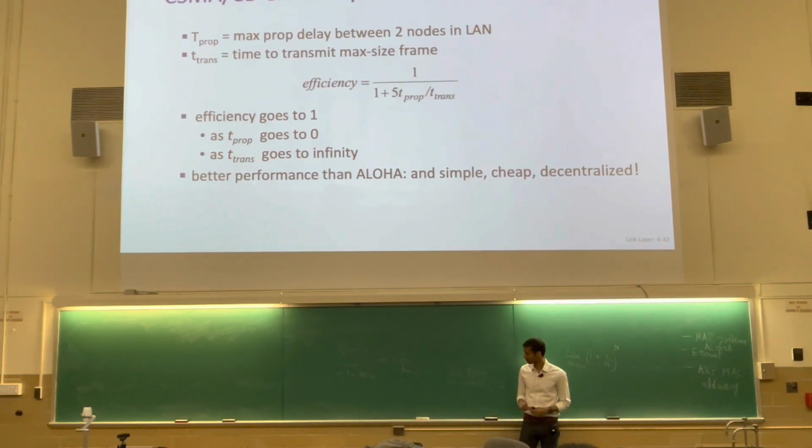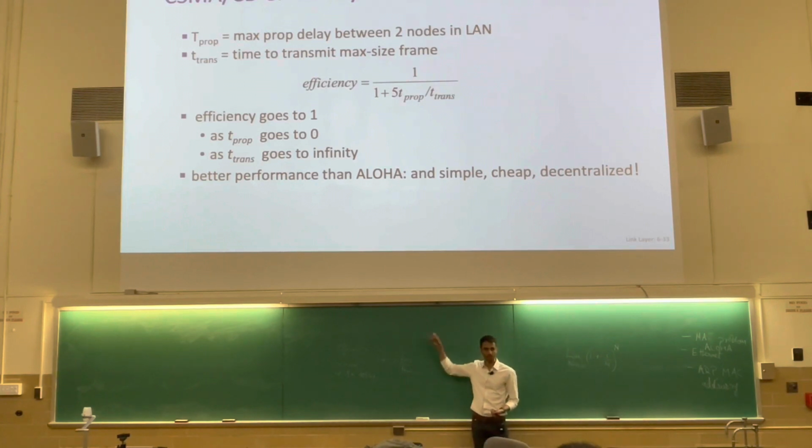That's strange, isn't it? That means efficiency increases if it's a low capacity link. So a 10 Mbps Ethernet is more efficient than a 100 Mbps Ethernet, which is more efficient than a 1 Gbps Ethernet and so on. Why? Because the lower the Ethernet speed, the higher the T-trans. The higher the T-trans, the higher the efficiency.